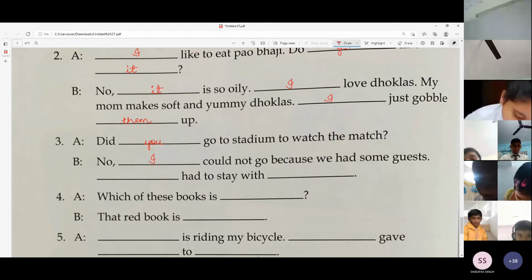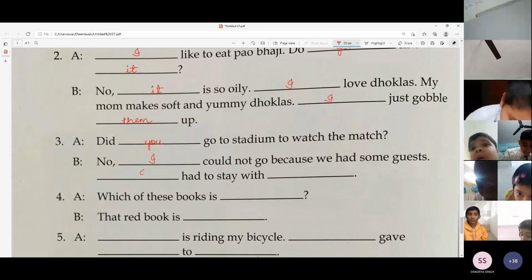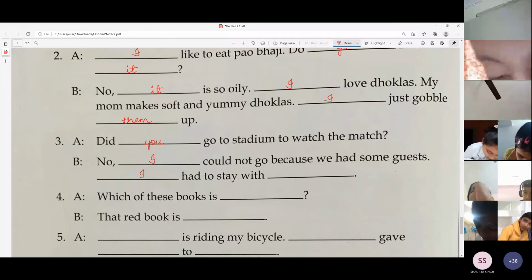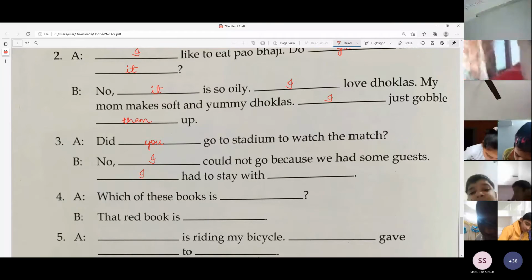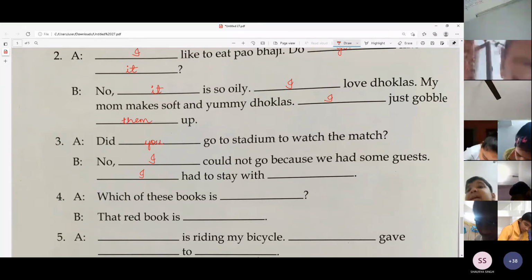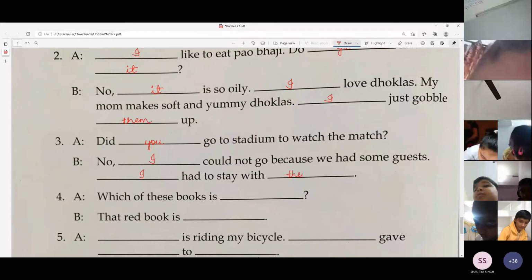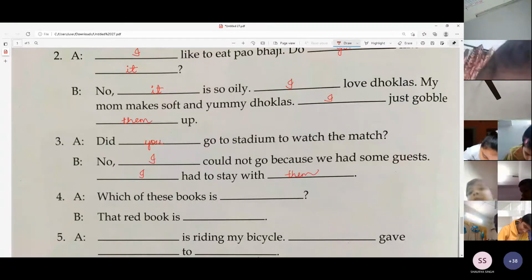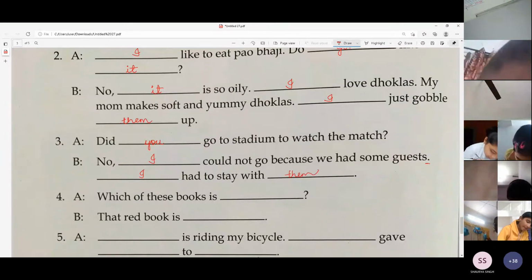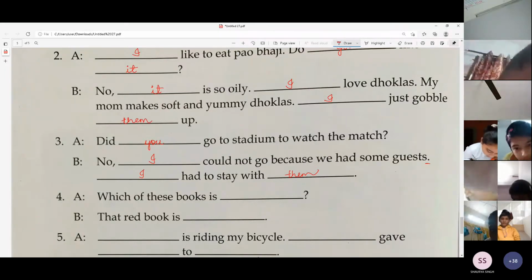I had to stay with them. What will come? We कहाँ से आ जाएगा बेटा? कहीं पे शो हो रहा है, 2 लोग हैं. I had to stay with them. क्योंकि guests है S, so that means plural. So you'll write them.